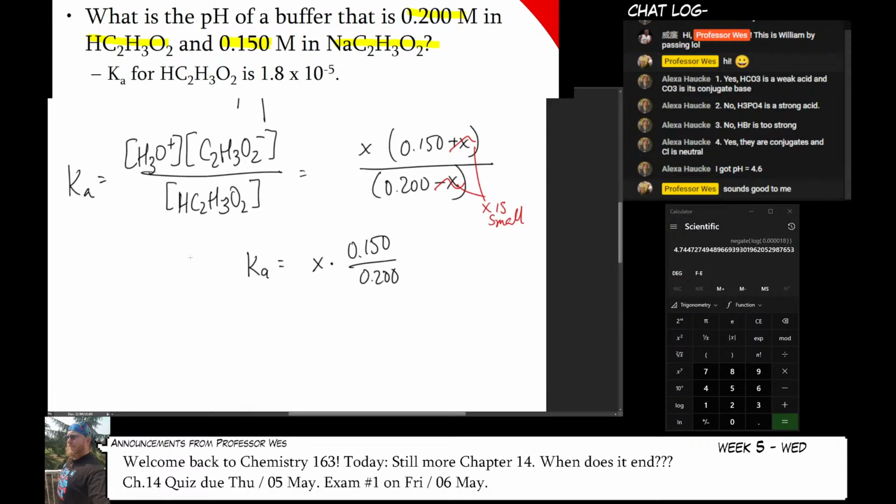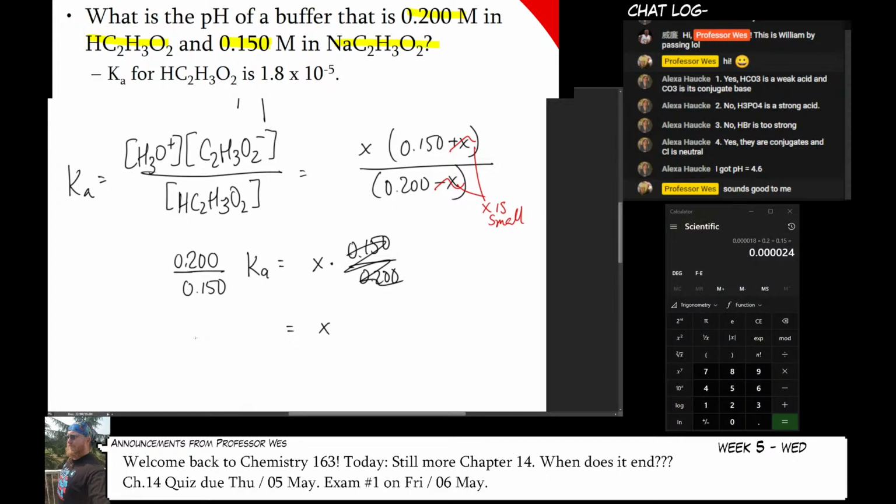So I'm just going to flip that and move it over here, right? And so what does that equal? Here's Ka. Ka is 1.8 times 10 to the minus 5. And then we'll times it by 0.2, divide by 0.15. So it's going to get a little bit bigger.